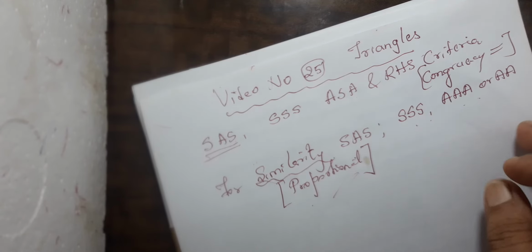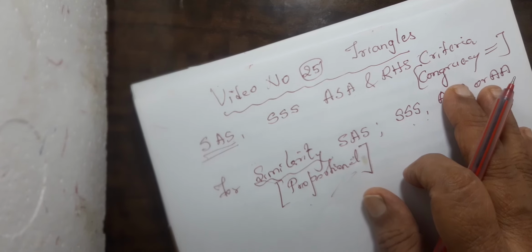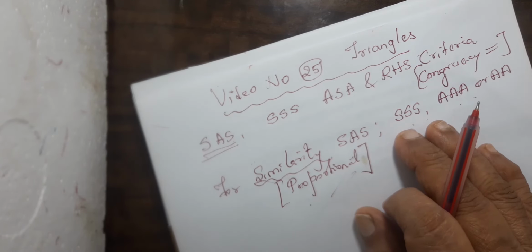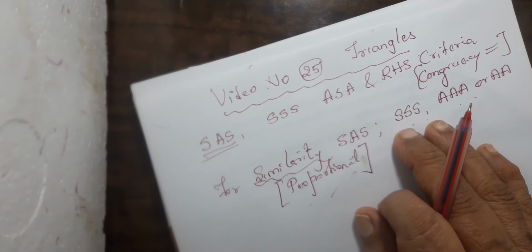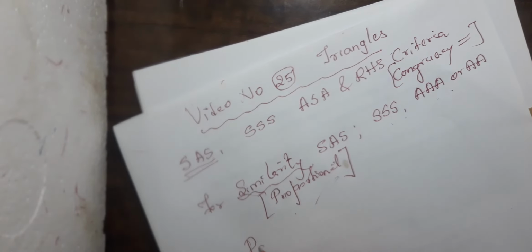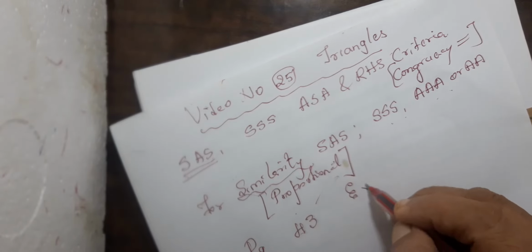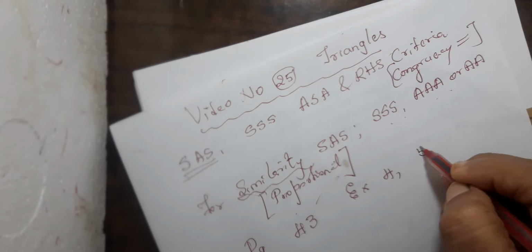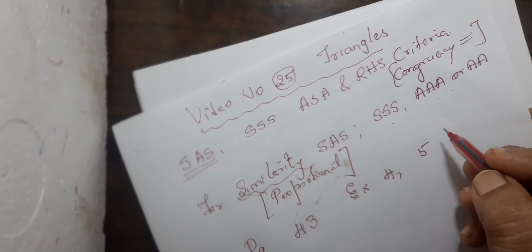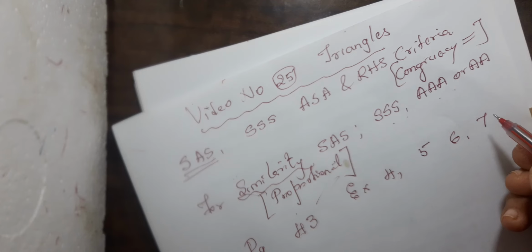Okay. So this was an introduction to the similarity criteria. Now what I want you to do is go to page 43, and look over examples 4, 5, 6, 7, 8.